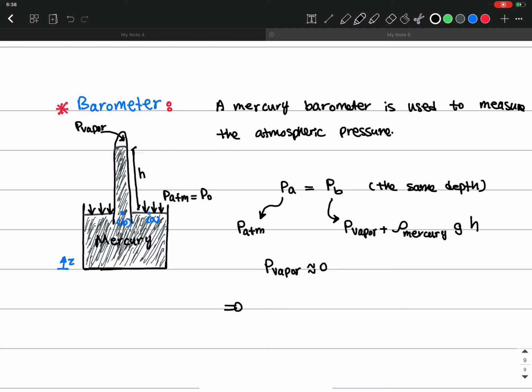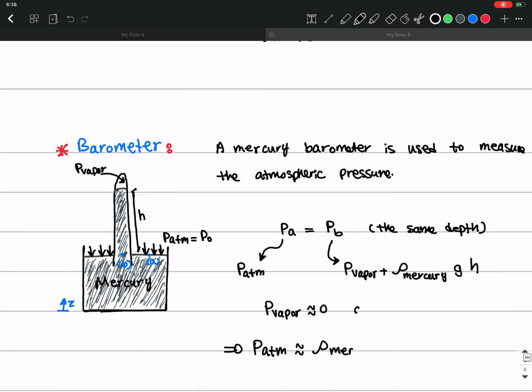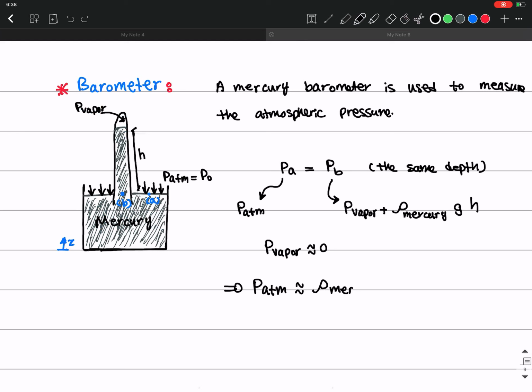This is an approximation. And now I want to say why we are not using water instead of mercury. So here we say P atmosphere is almost equal to rho mercury g h mercury.